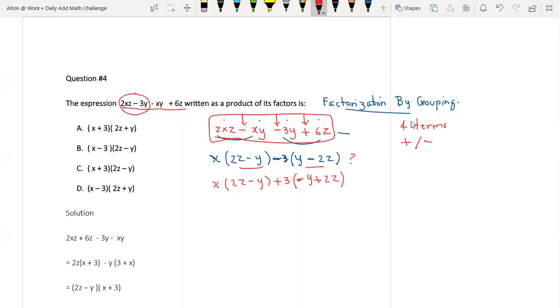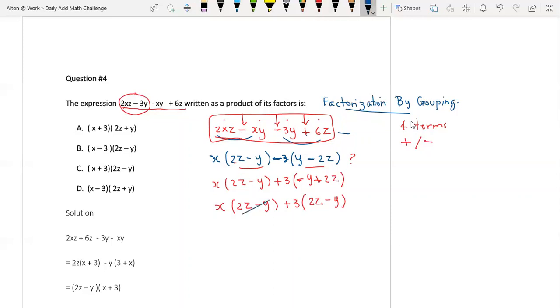Now, when you take a closer look and really convince yourself that the factors in both pairs of brackets are identical. So you have plus 2z, you got a plus 2z. We can even write that first here. And you got a minus y, you can even write that after there. So it's identical.